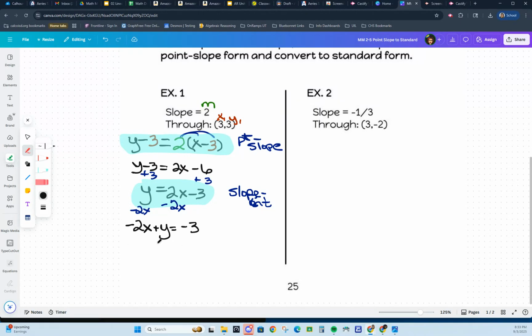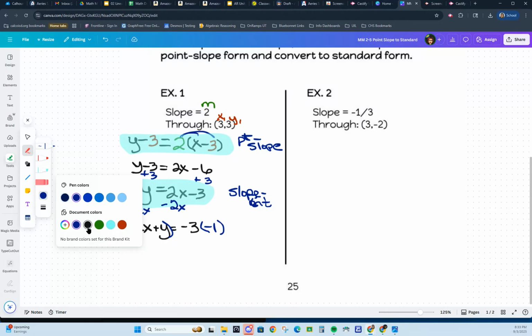This 2x has to be positive. So in order to make this positive, we are going to multiply the entire equation, both sides, by negative 1.